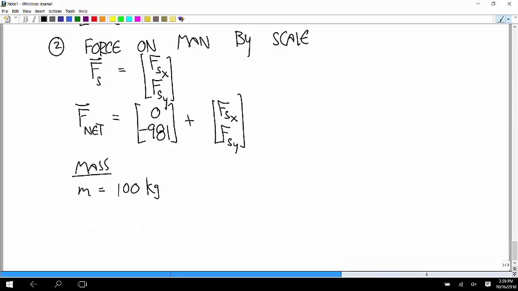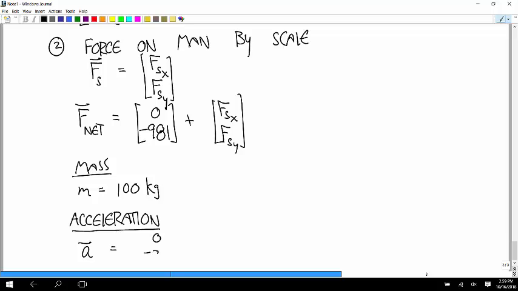But this time the acceleration's different. What's the acceleration this time? Yep, it's in the negative y direction with a magnitude of 2. So the acceleration vector is 0, negative 2 meters per second squared.